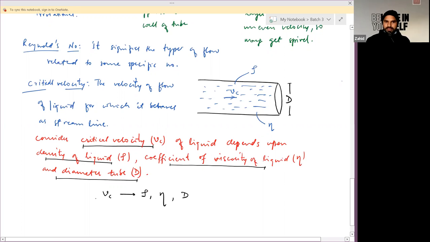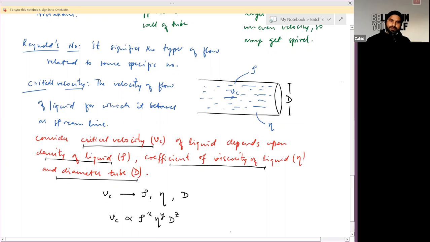So the relation of critical velocity to these three different terms would be either directly proportional or inversely proportional, and with some raised power also. So we can write critical velocity proportional to rho to the power x, eta to the power y, and diameter to the power z.